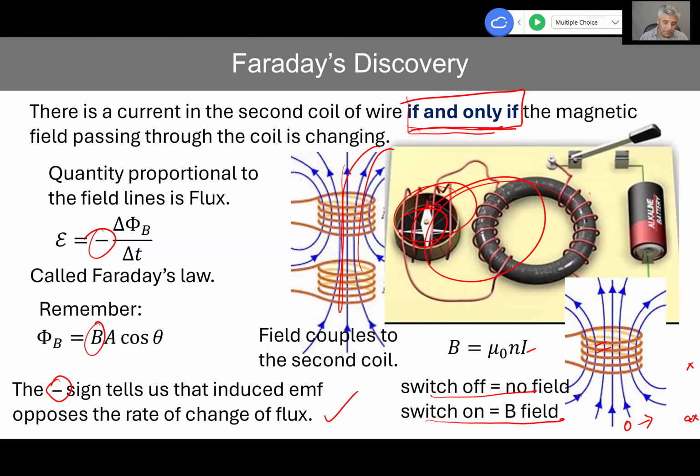When B changes, or A changes, or theta changes, or more than one combination. Something has to be changing for the flux to change. And EMF is induced only when flux is changing. If it's not changing, then no EMF. So if current is not changing in the circuit, that means no induced EMF.